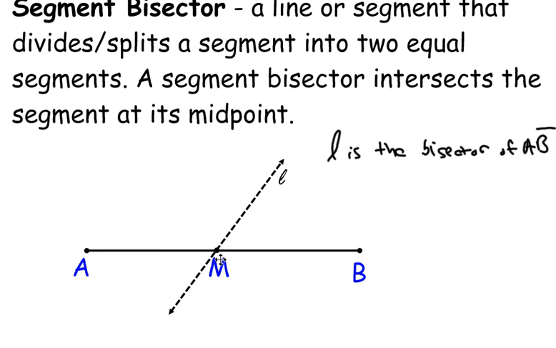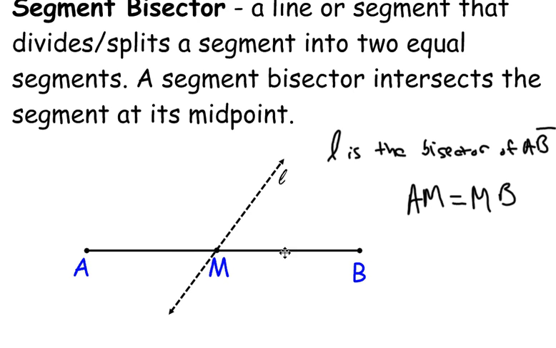So we can also say that the two segments AM and MB are equal in length. And we can say that because that's what a bisector does. It cuts or splits or divides a segment into two equal parts.